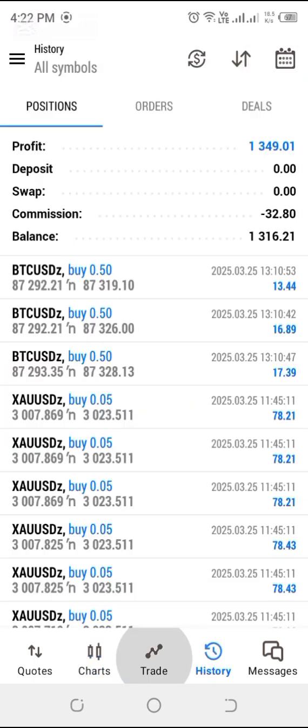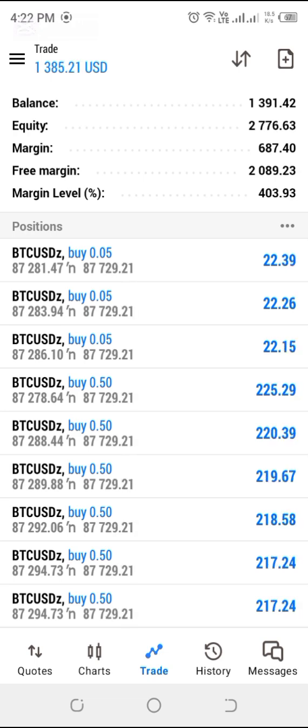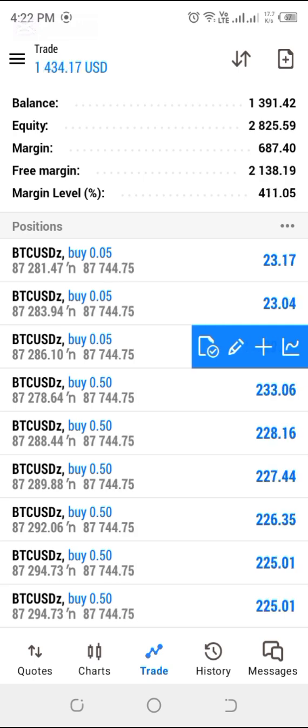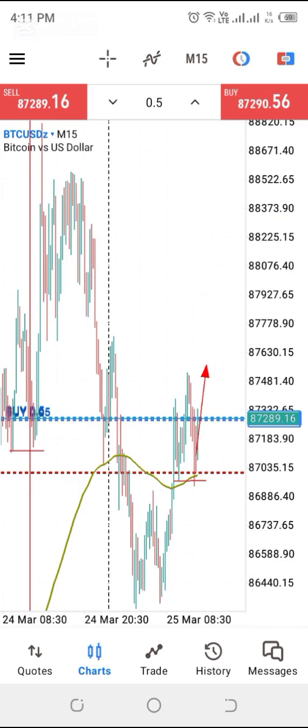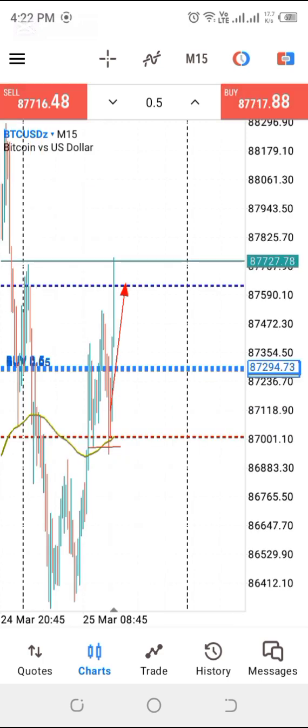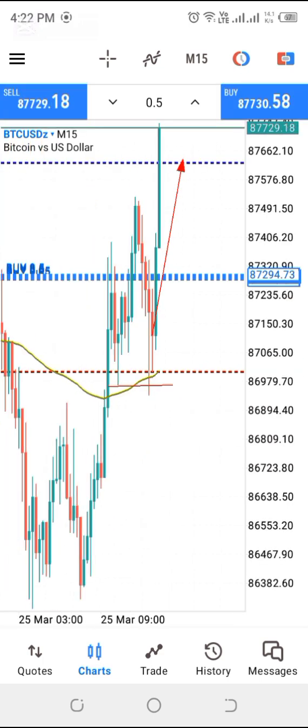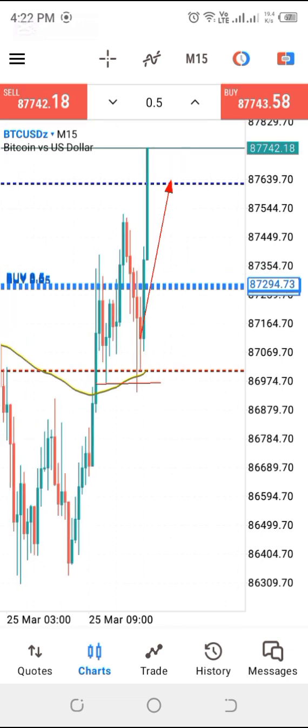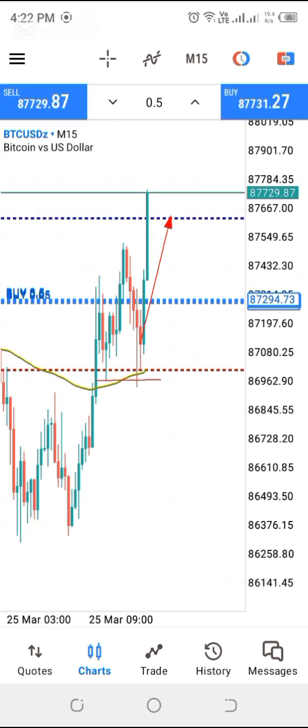I took another trade on BTC USD using the same concept of CRT and ICT with the liquidity sweeps. The trade was so nice. You can see the trade was so nice, and take profit level was hit successfully.